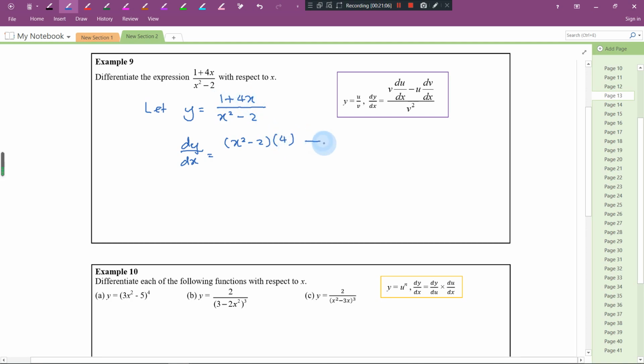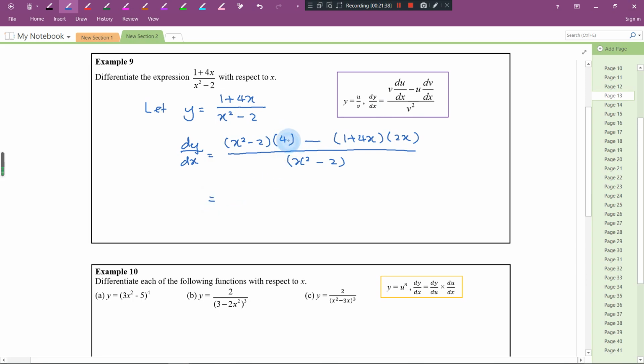Then minus, copy the numerator, differentiate the denominator, you get 2x. Over the whole thing, the denominator, you need to square it. We are actually doing this, but we just do not show the let v equal to this, then dv/dx, u equal to this, then du/dx. We go straight to here.